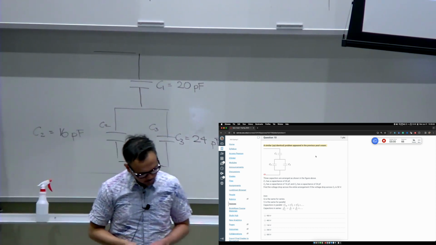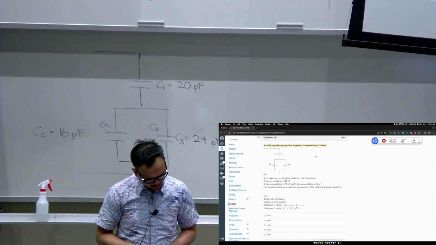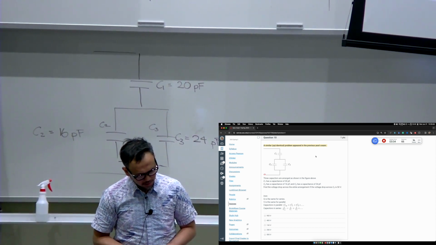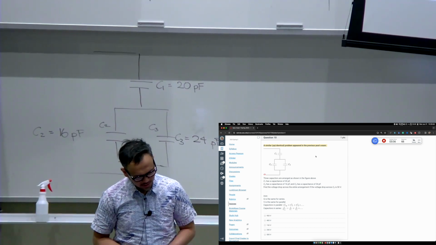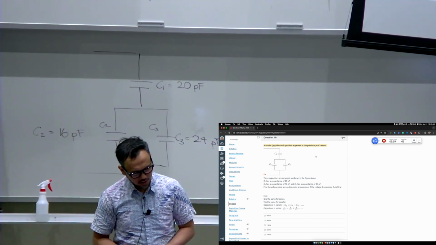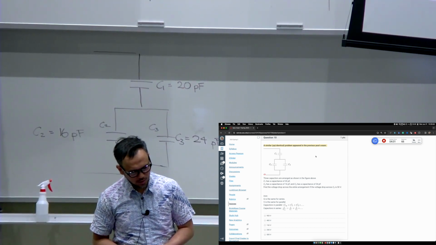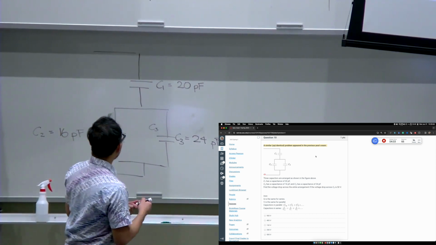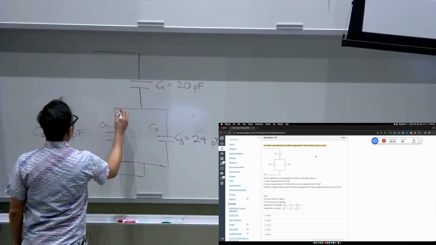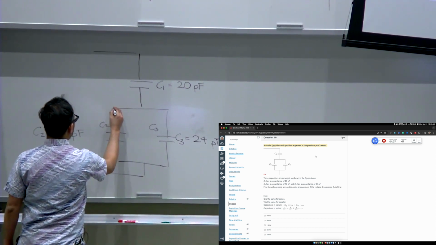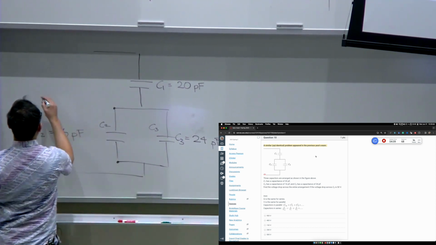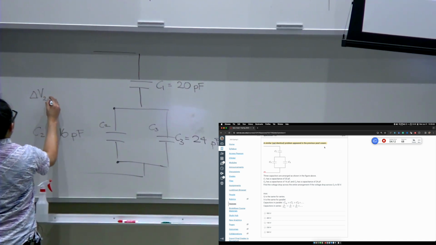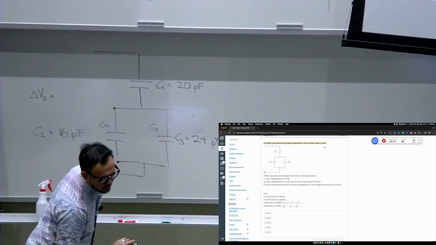And then what is the next information? Find the voltage drop across the entire arrangement if the voltage drop across C2 is 50 volts. So the voltage drop across C2, let's say delta V2, is 50 volts.